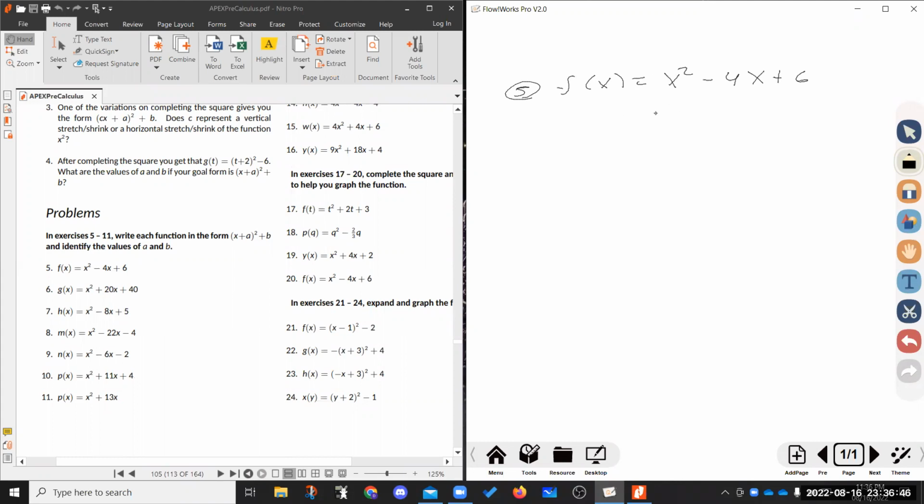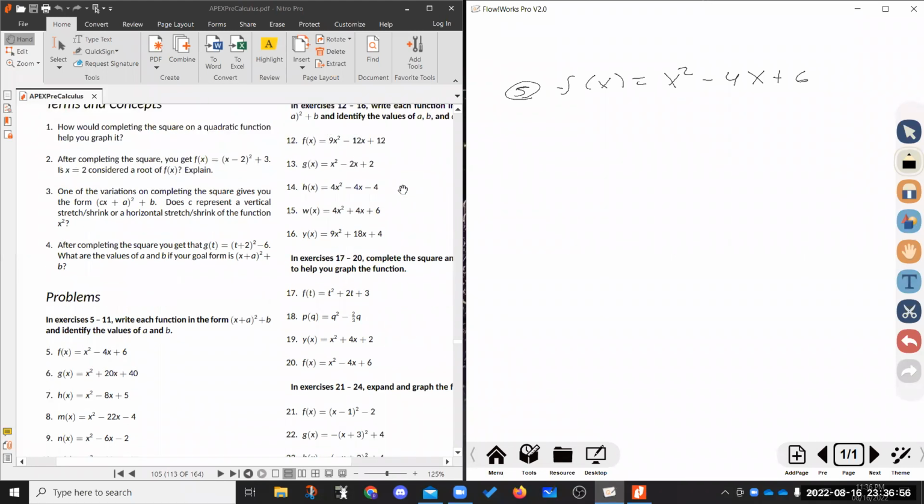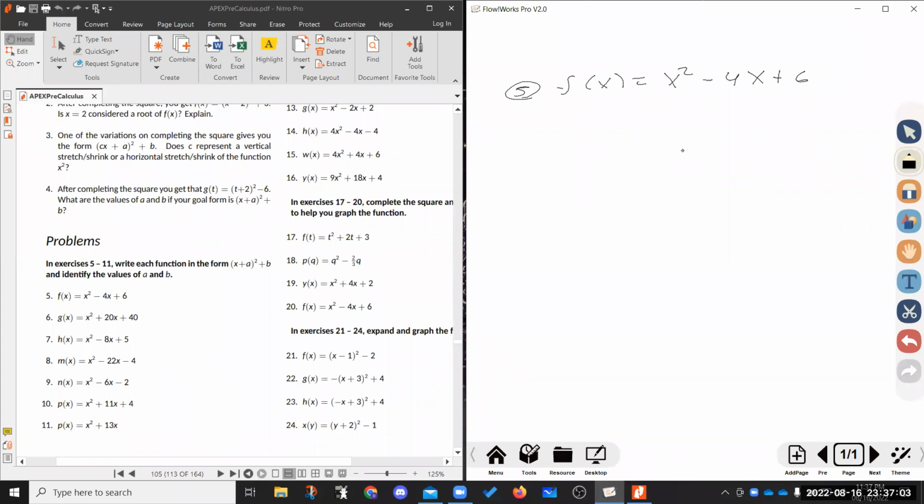If the leading coefficient is not 1, factor out the leading coefficient from the x squared and the x terms. We'll get to those in the next section. But all of these leading coefficients are 1, so I'm not going to have to worry about that. Separate the constant off. Just hold it off to the side. Take half of the middle number and square it.